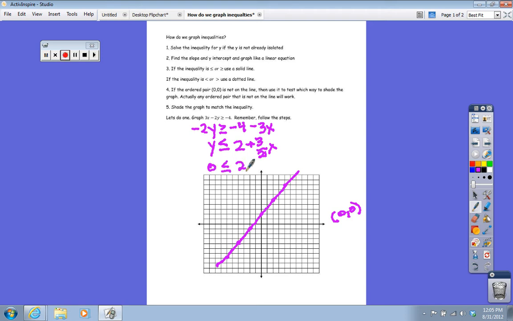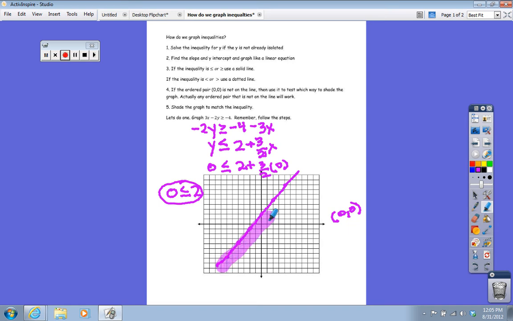We put in a 0 for x. And we end up with 0 is less than or equal to 2. And that is true. So since that's true, we can shade the side where 0, 0 is located.